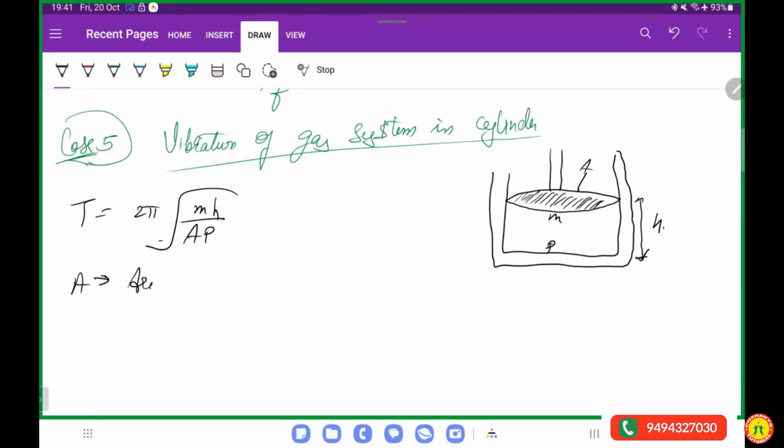A is area, P is pressure exerted by gas. And H, you know already, height of the piston. And M is the mass. H is not like Planck's constant, it's just height.